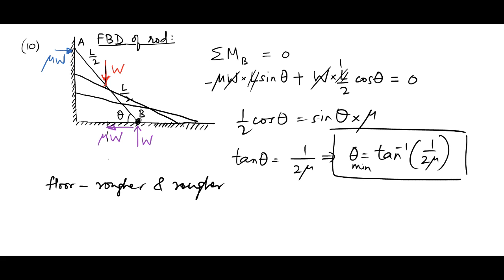I've been calling this particular rod a ladder sometimes and a rod sometimes, so I don't know why, but I hope you understand what I'm saying. Anyway, as the floor becomes rougher and rougher, the value of theta minimum goes on decreasing. This is from our intuition, and even if you go by the mathematics, you see that as mu increases, the floor becomes rough means mu is going to increase.